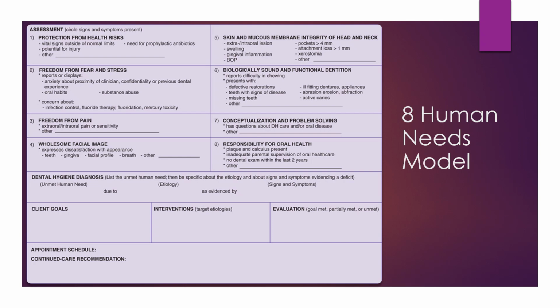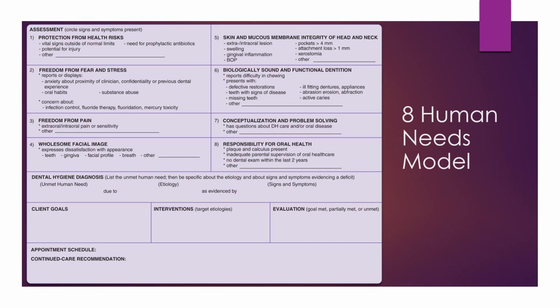Then I determine, okay, what is causing the abrasion? Well, through talking with my patient and doing my motivational interviewing, I have determined that the patient uses a medium bristle toothbrush and they're using more of a scrubbing motion with their habits, their technique. So now I know that the sign is abrasion.